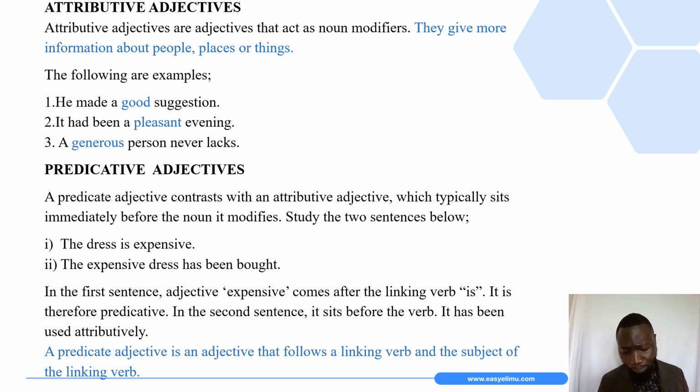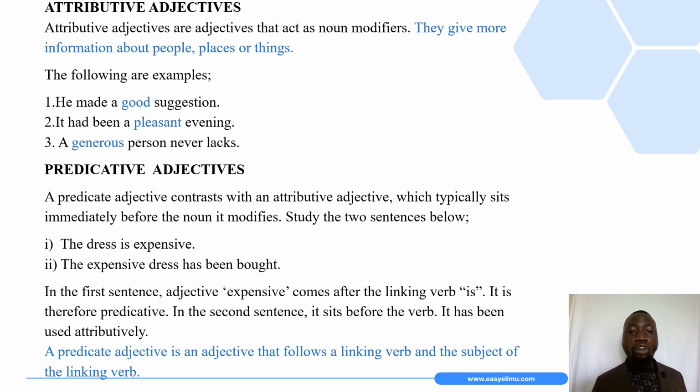So in most cases, dear students, when adjectives act as modifiers of nouns, they tend to give additional information about people, places, or things. Then another thing is that if they are used as modifiers of nouns, then they appear before the nouns in sentences.